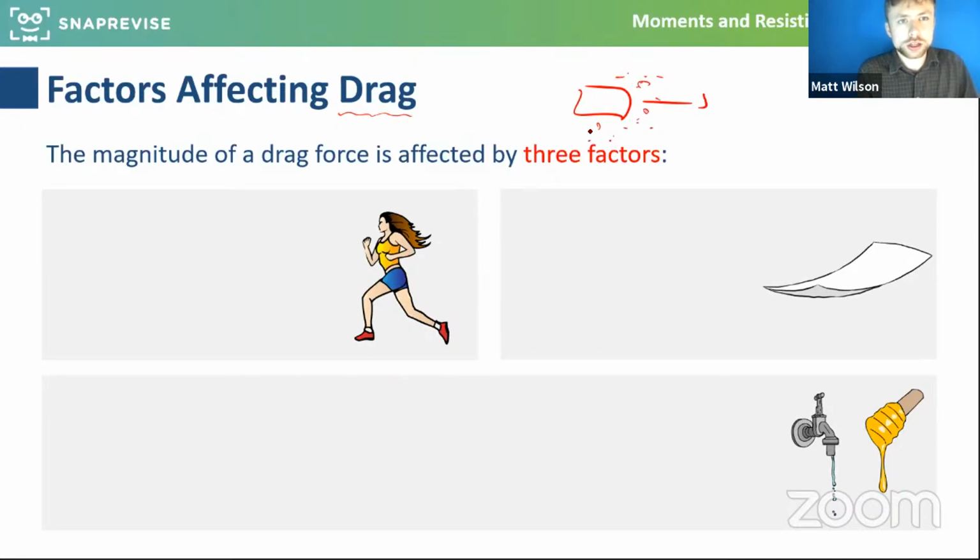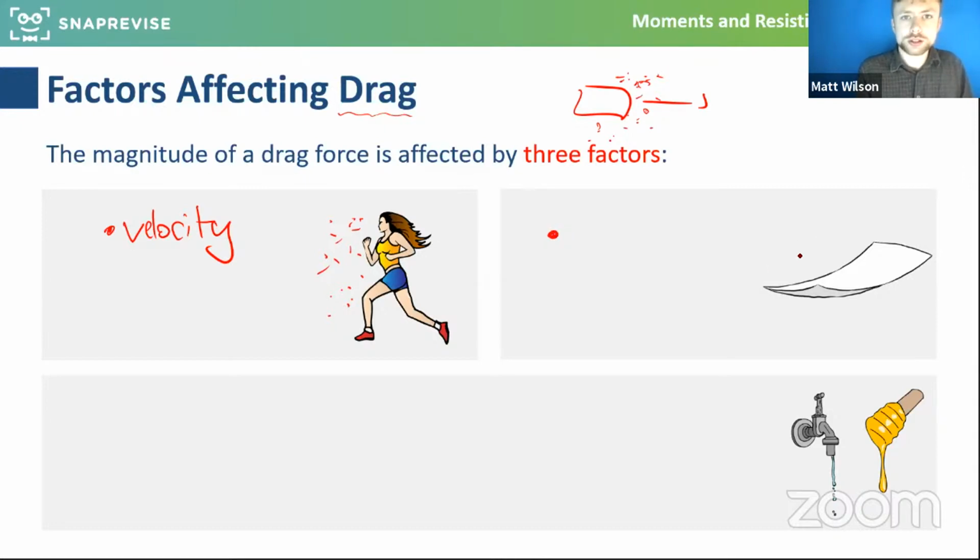So how can we increase or decrease this force? Number one is to increase the velocity. If we move faster through a load of particles, then we'll be bumping into more of these particles per second, so we'll be feeling a bigger force. So bigger velocity, bigger drag.